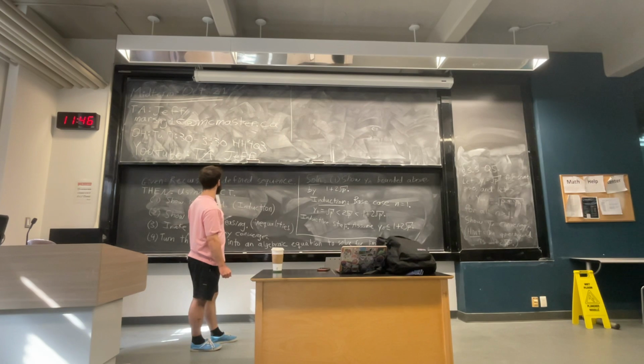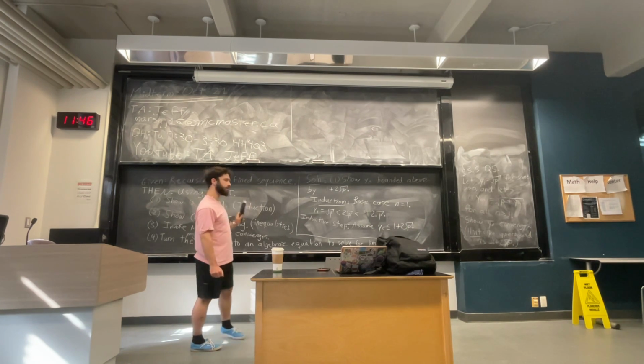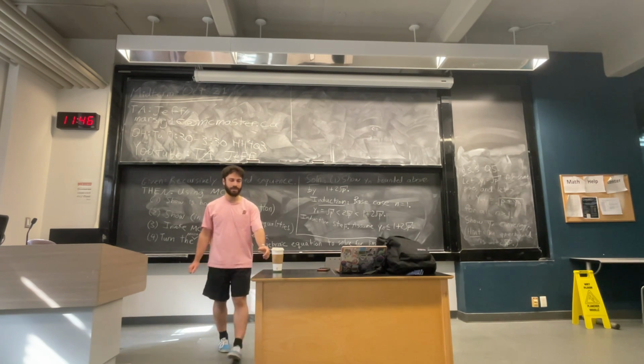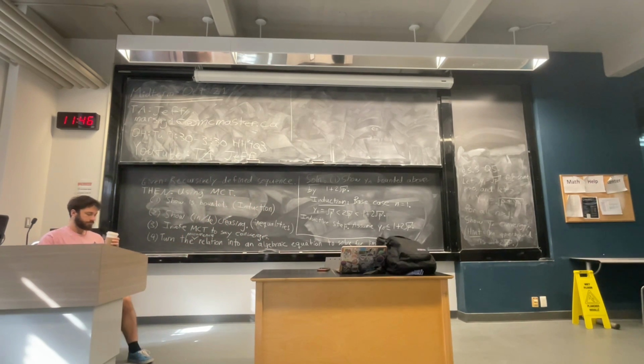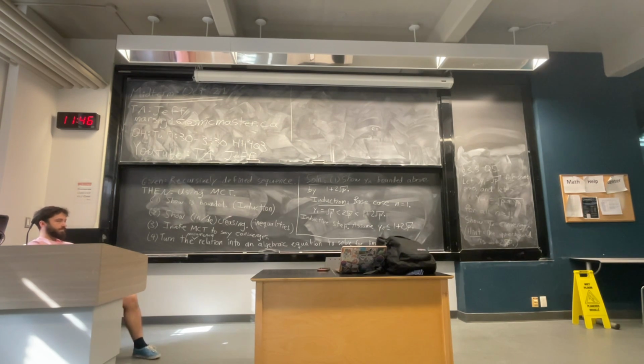I want to move on to a different board, but I'm going to give everyone a minute to catch up because I want to cover up the thing I just wrote. Okay, is everyone caught up in their notes? Cool.